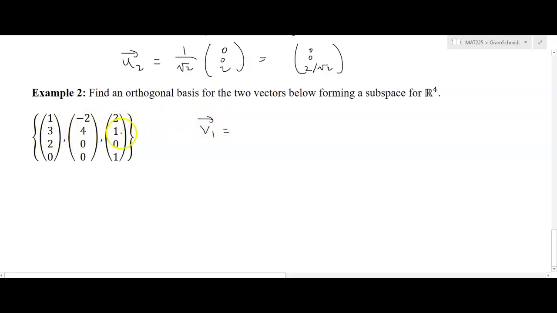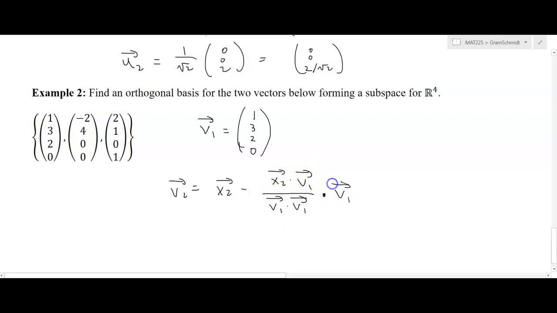You could say v1 is (2, 1, 0, 1). It wouldn't really matter, but usually, just pick the first vector. So don't change one vector, leave it alone, doesn't matter which one, and then let's rotate the rest. So v2 is going to be x2, take away the orthogonal component, x2 dotted with v1 over v1 dotted with v1 times v1.